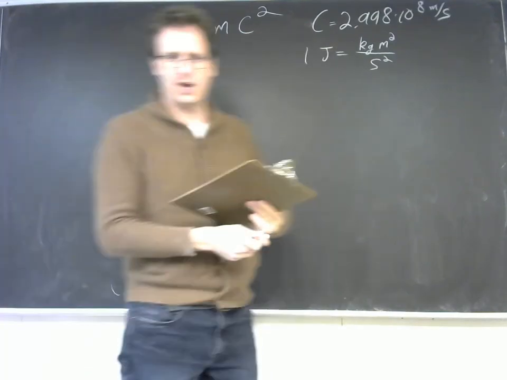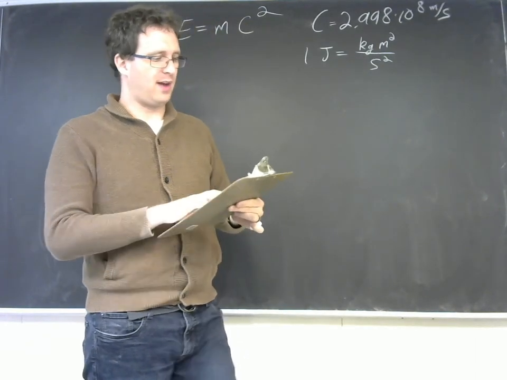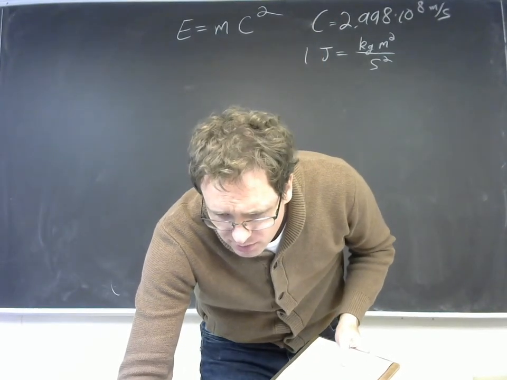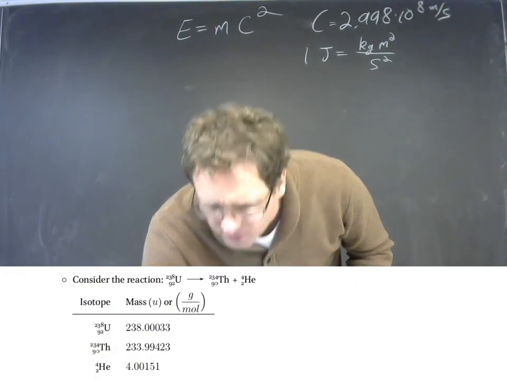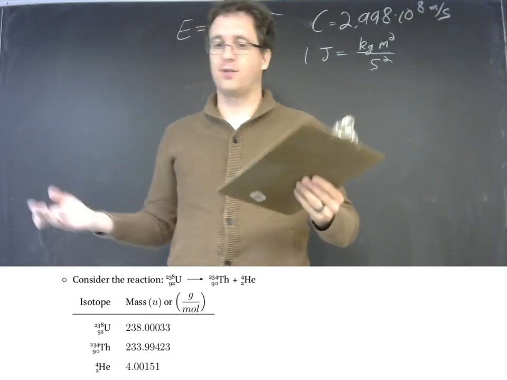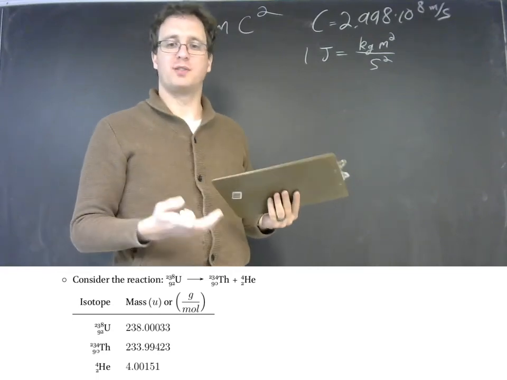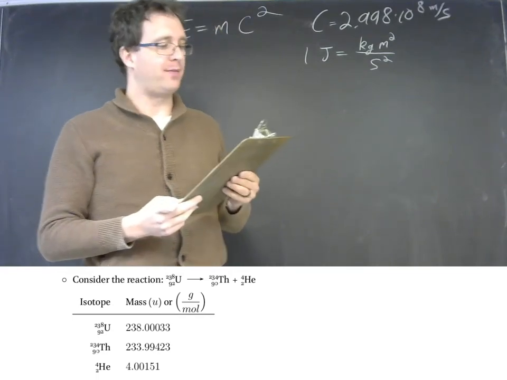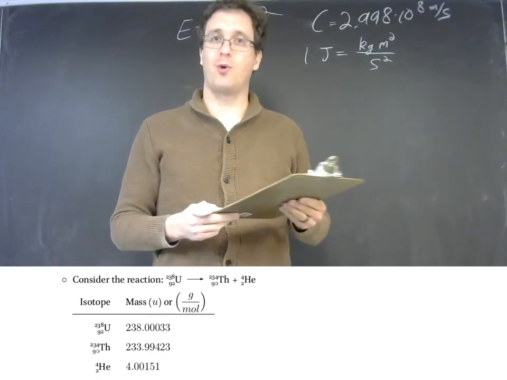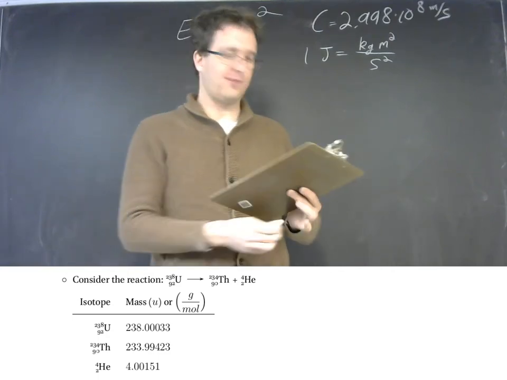Okay, what do we mean when we say that the energy loss manifests as a lost mass? Well, let me show you. Consider the alpha decay of uranium-238. We can use a mass spectrometer to measure the precise mass of uranium-238, thorium-234, and helium-4, and you see they're given in that table.